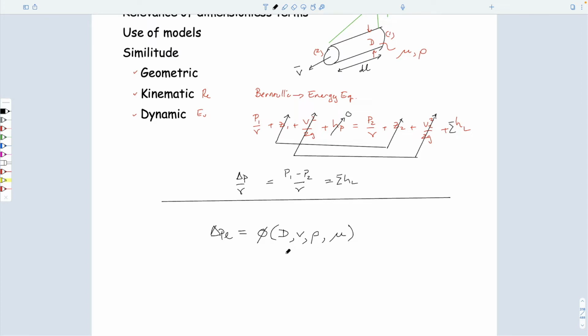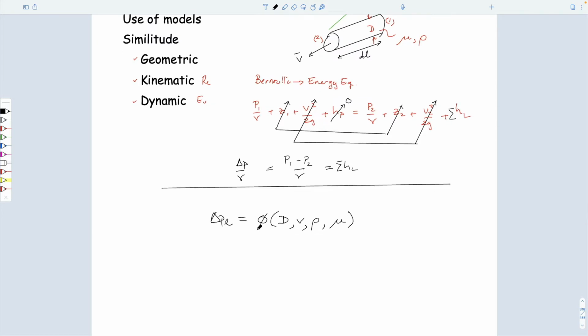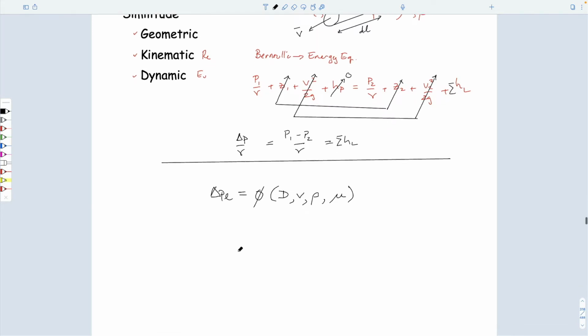And that should be it. We would typically use something like a function of, as in a curly f, but we won't do that here because we use that specifically for friction factor. So this just means function of.